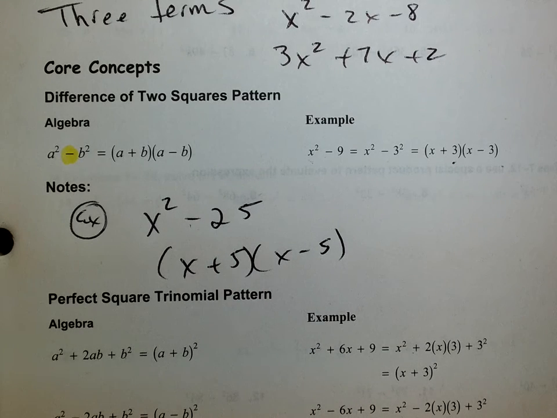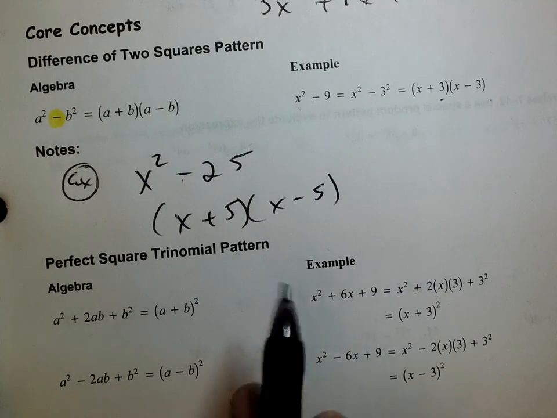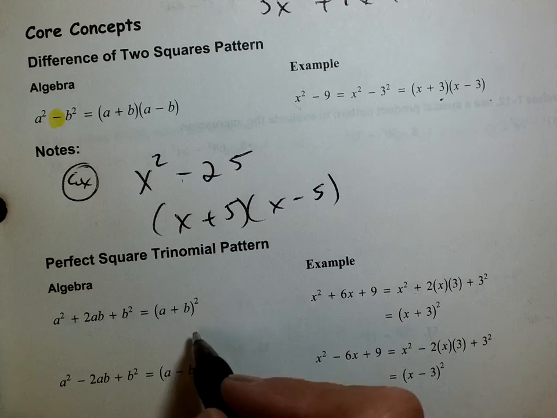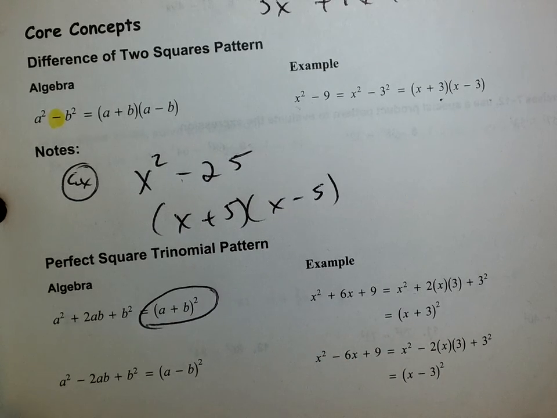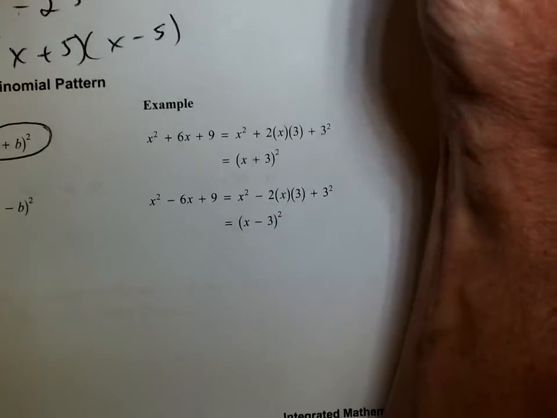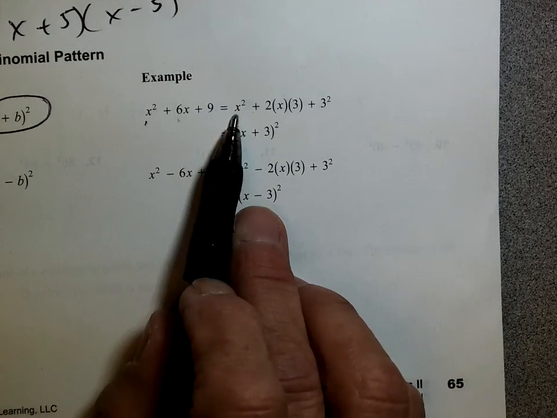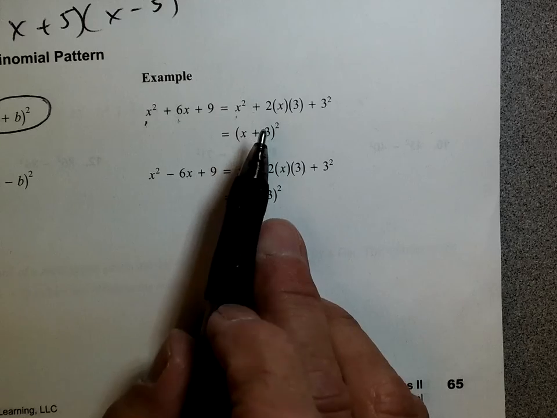Now, the perfect square trinomials will be unique because in the end we can write it as something squared. Let's take a look at an example. We have x squared plus 6x plus 9.